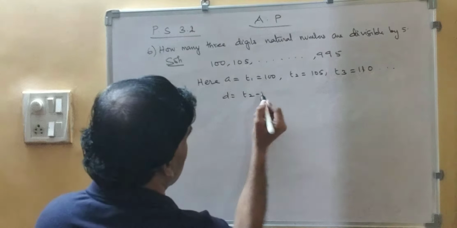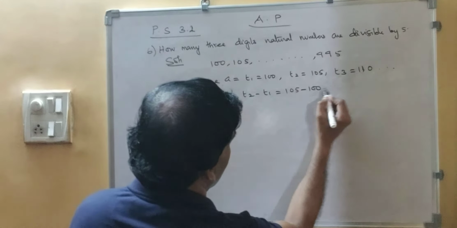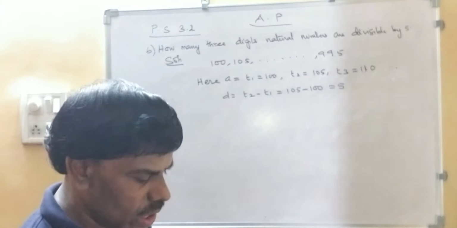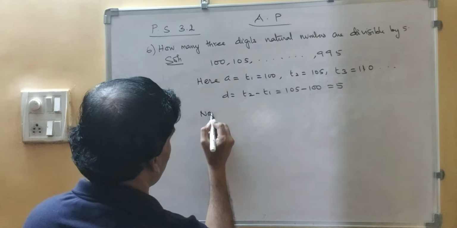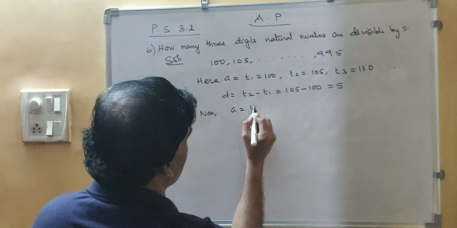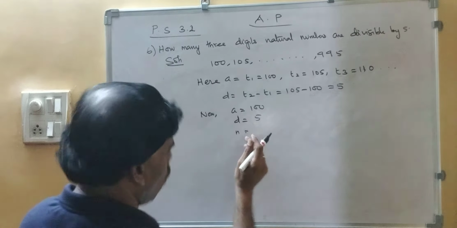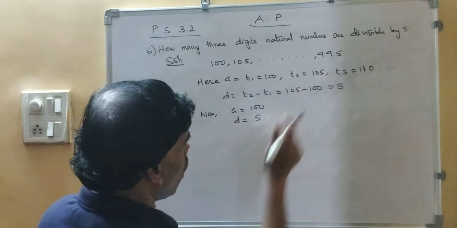Yes, T2 minus T1, 105 minus 100 equal to 5. Otherwise also it is 5 because it is divisible by 5, right? Now, A is equal to 100, D equal to 5, N, how many digits are there you have to find out, right? So, now what is the last one?